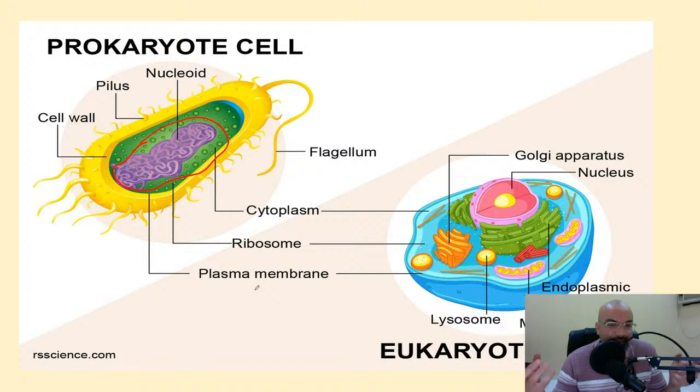It's just genetic material swimming in cytoplasm, covered by a cell wall. So we can simply say that the bacteria are cells with genetic material swimming within the cytoplasm, and there is a cell wall to protect. This is the simplicity of the bacteria.